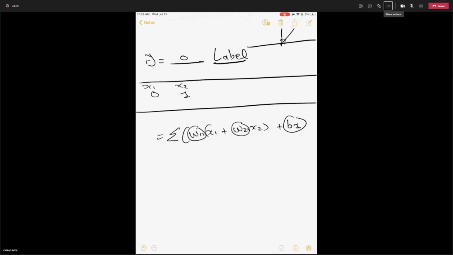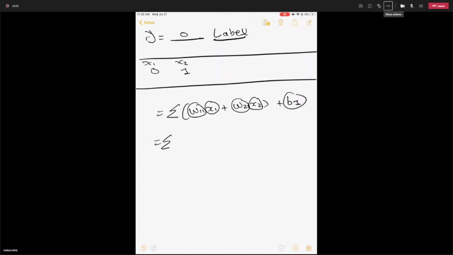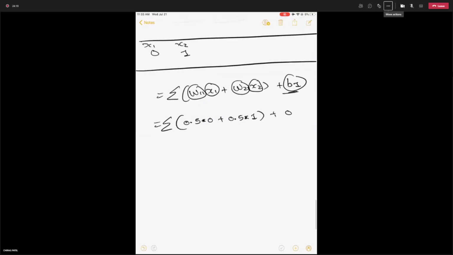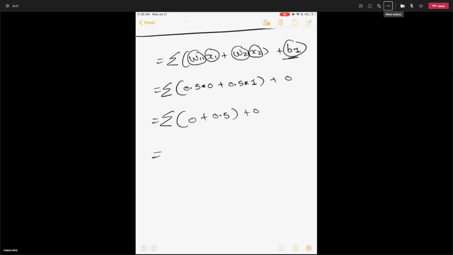The only change is in our input pattern. If we substitute all the values, it is 0.5 multiplied by 0, plus 0.5 multiplied by 1, plus 0. So the summation is 0 plus 0.5 plus 0, and the complete statement becomes 0.5.